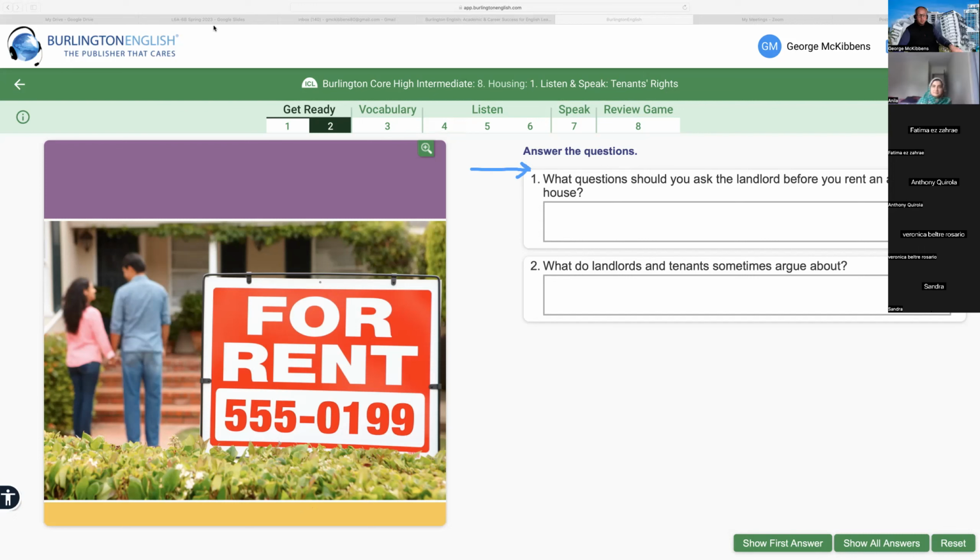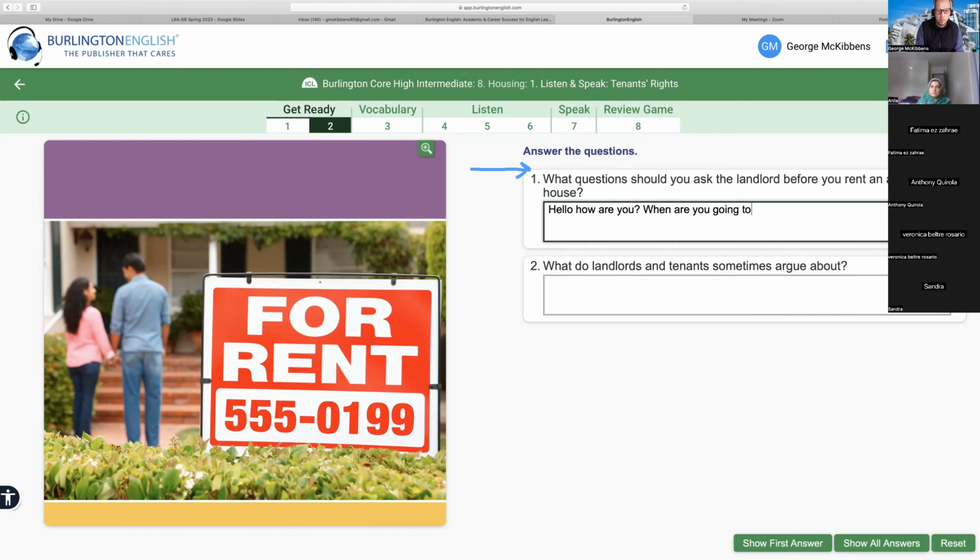Go for it. Like, hello, how are you? Can you show me, when are you going to show me the apartment, for example? So what question should you ask the landlord before you rent? I'm going to write down what you're saying. Hello, how are you? When are you going to show me the apartment? How many rooms does it have?